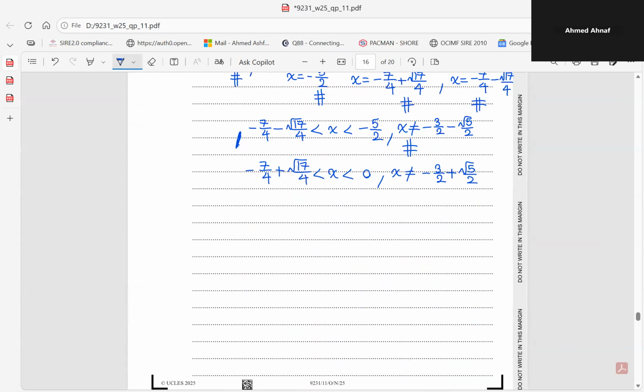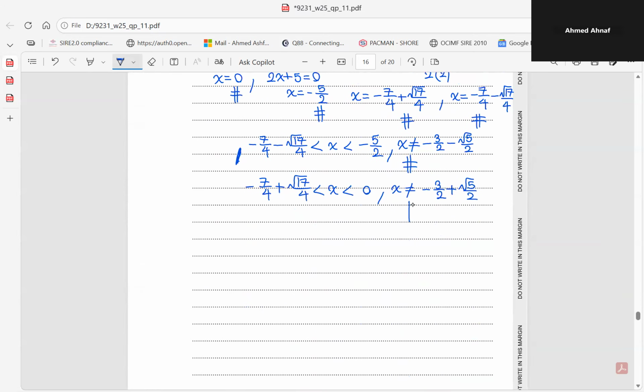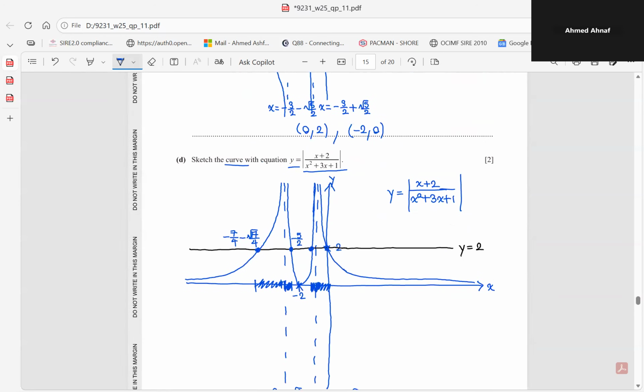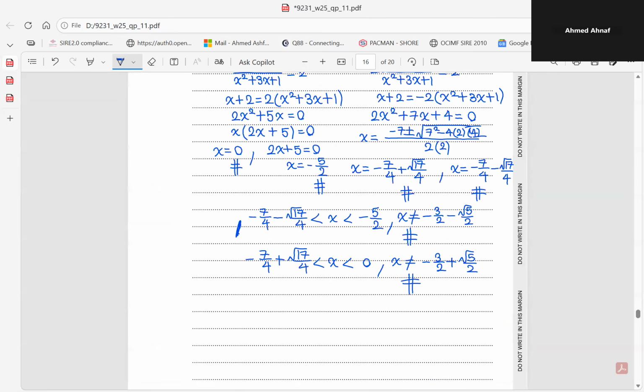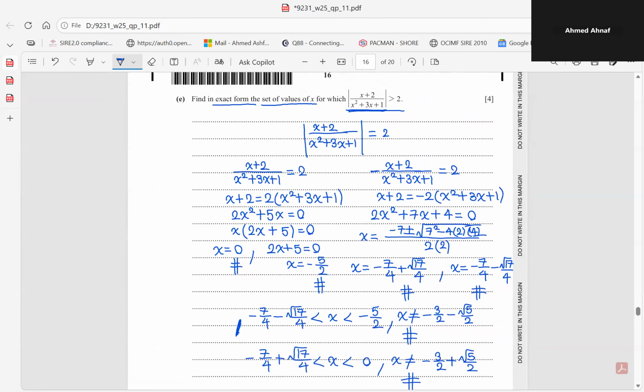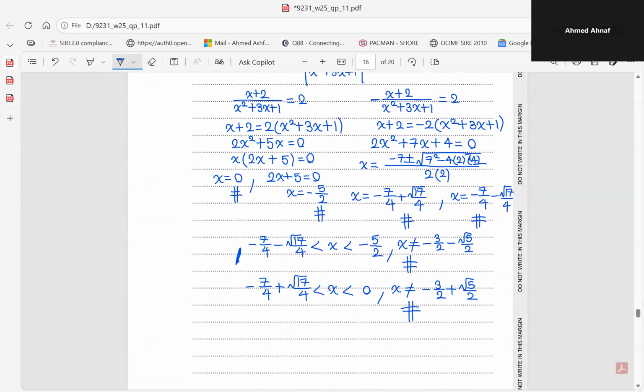So this is our second inequality. I believe these two are the final answers for this entire question.